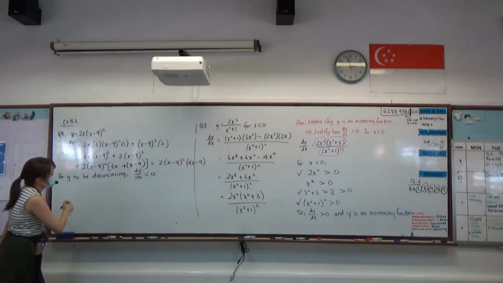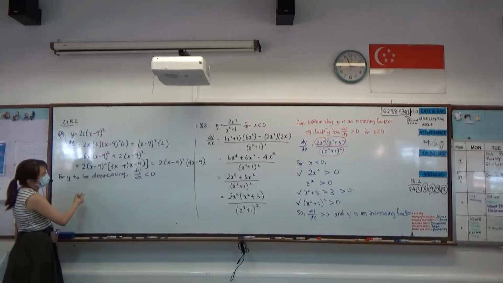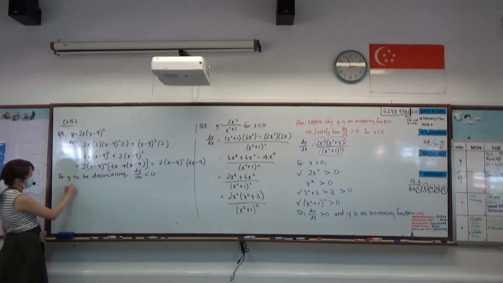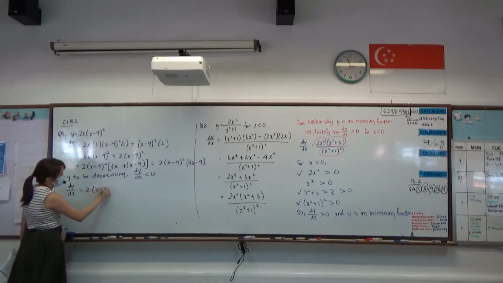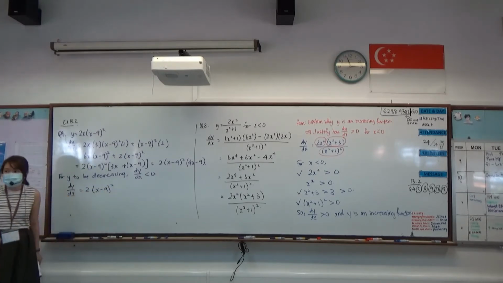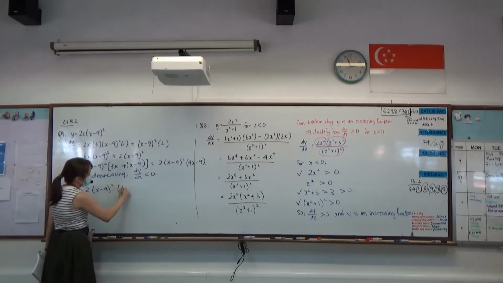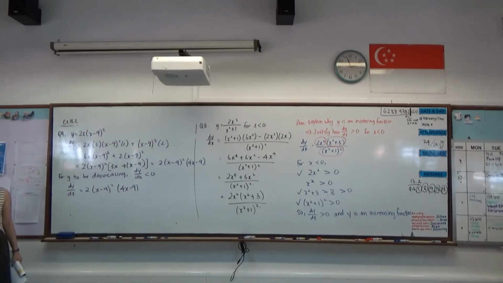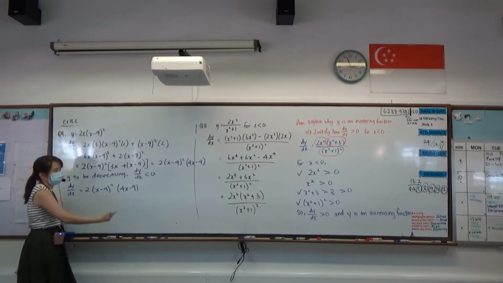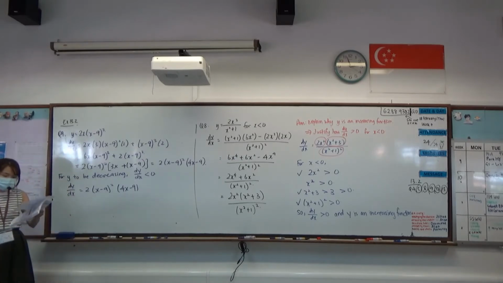So using this one, in order for it to be decreasing, we understand that 2 itself is positive, x minus 9 squared is always positive as well. So in order for the entire thing to be negative, there's only one possibility, which is that 4x minus 9 must be a negative number. So we have to write that out.